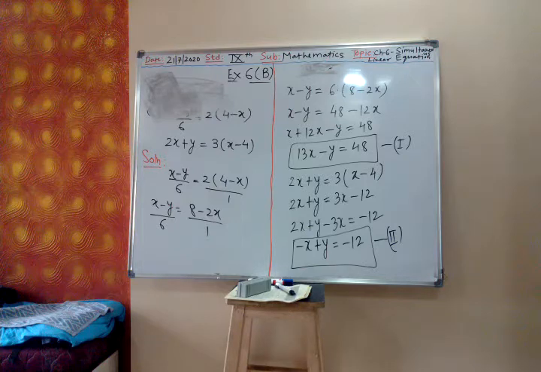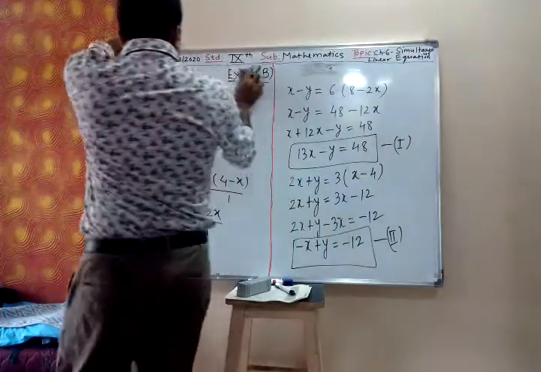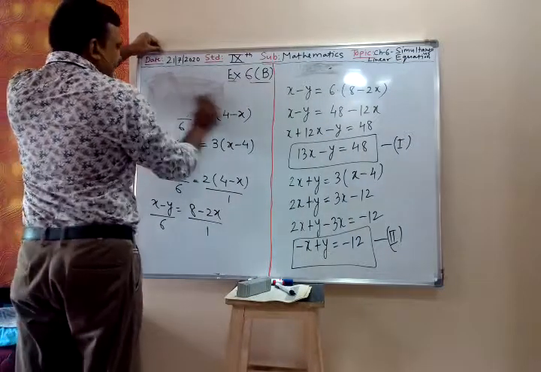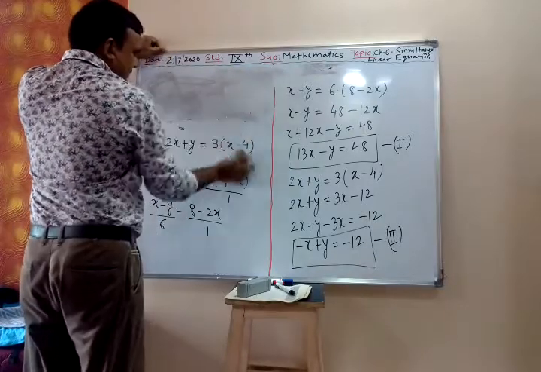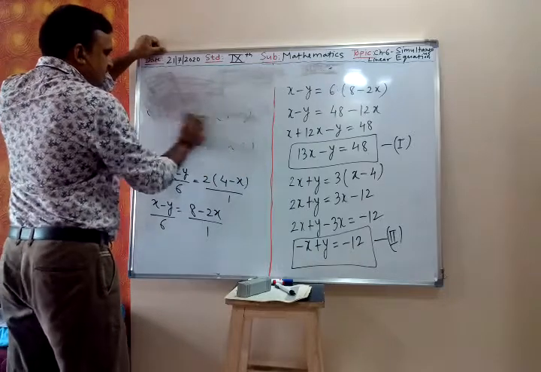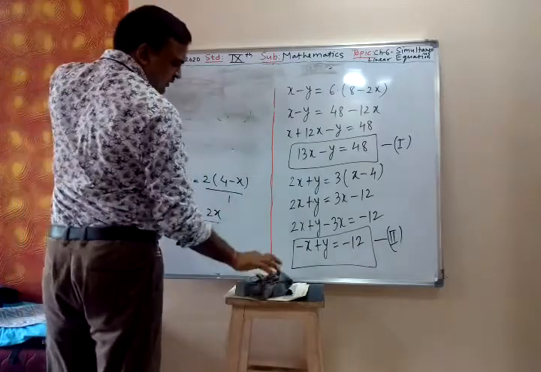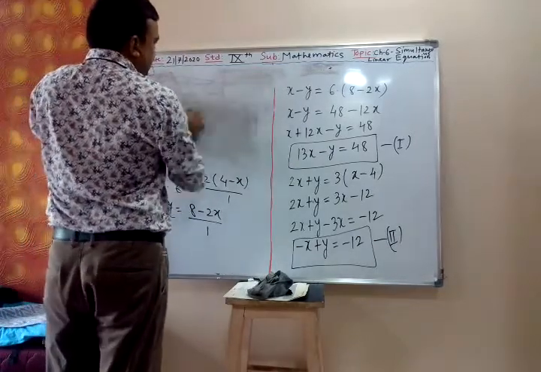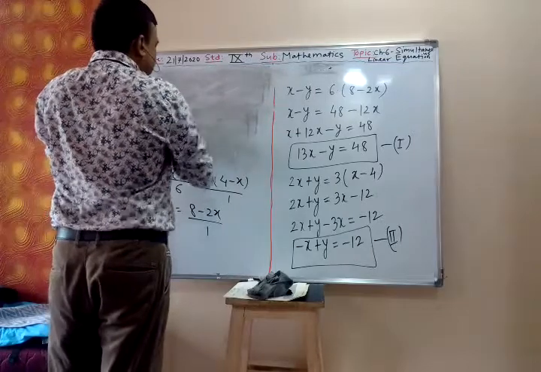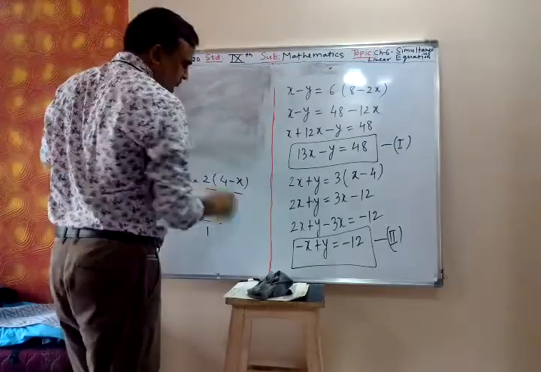Solve equations 1 and 2. How is it not coming clear? It is not coming. Let's see. Because in the mobile it is coming very much clear.